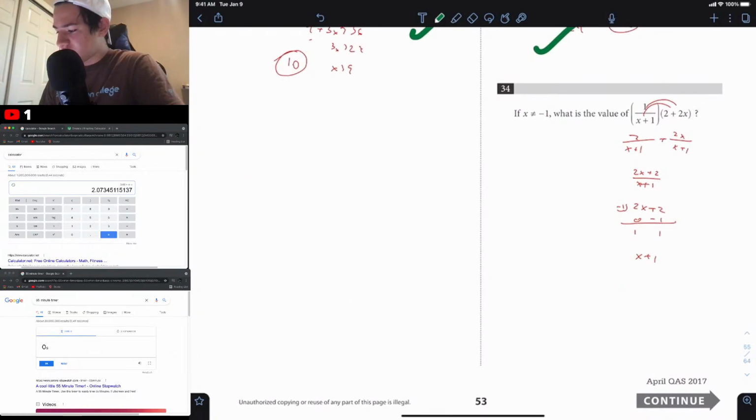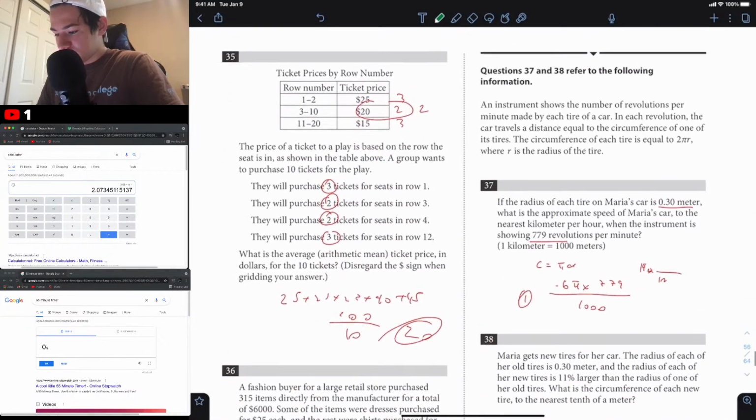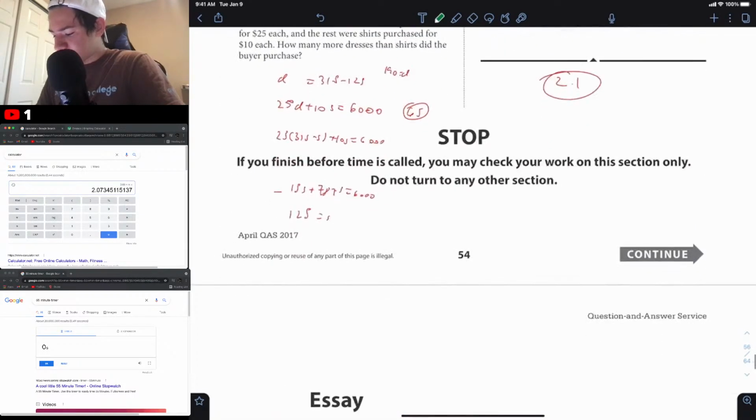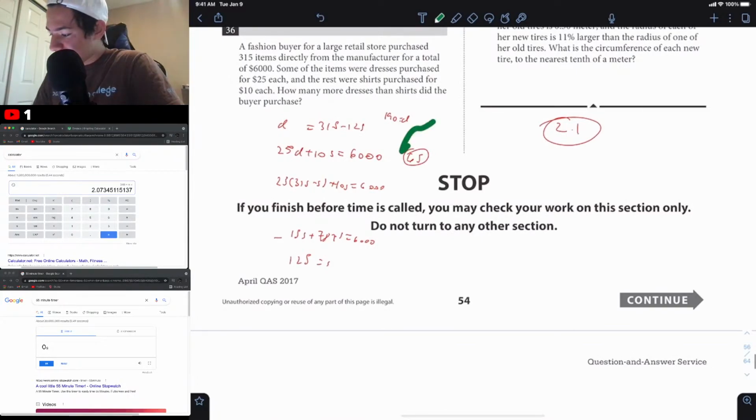What, dude? Apparently they're saying this is 2. I don't know. I'm not sure about that. 65.